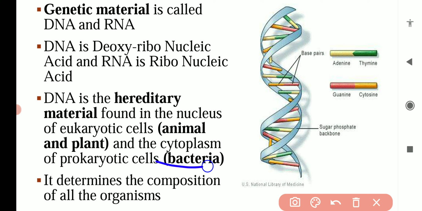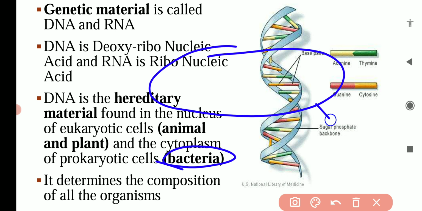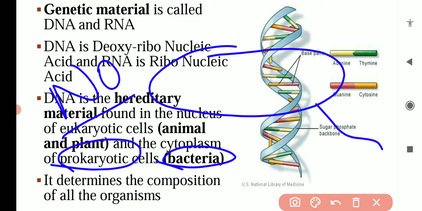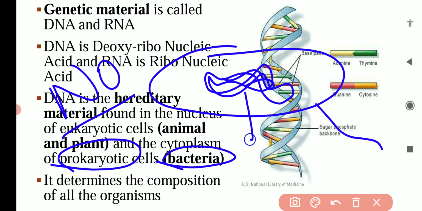And in case of bacteria or prokaryotes, if you see the structure of a bacterium, there is no well defined nucleus. The nucleus is not present in the bacterial cell, or we can say the prokaryotic cell. So here the DNA or its chromosome is present in the cytoplasm only.